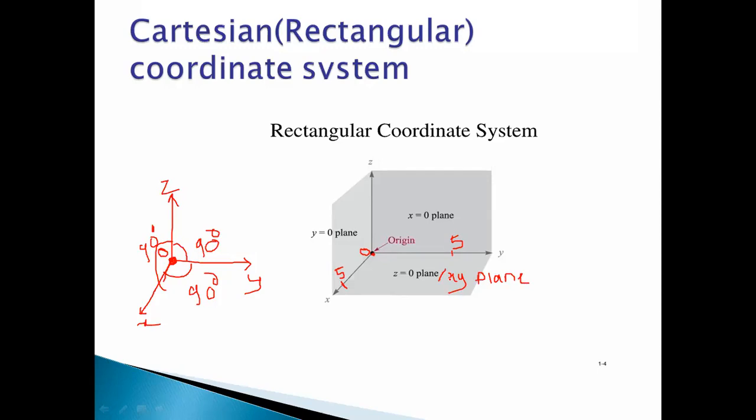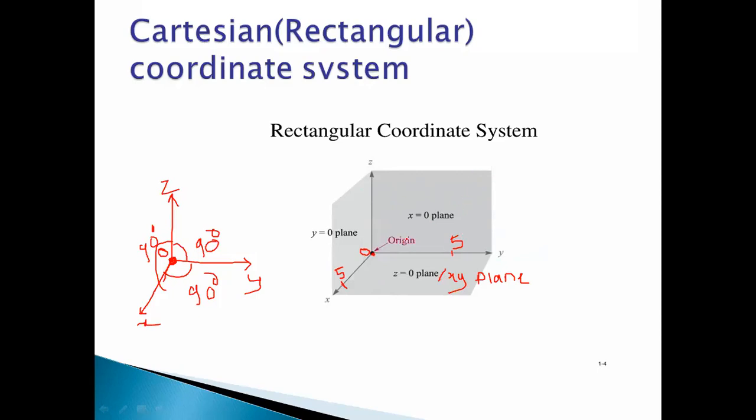Now, similarly, when we consider the Y and Z plane, consider your wall between the Y axis and Z axis.